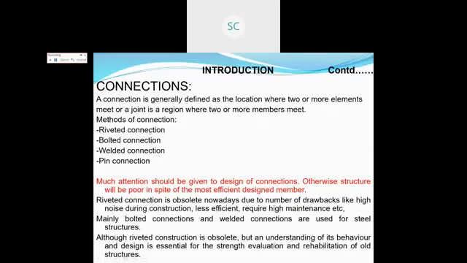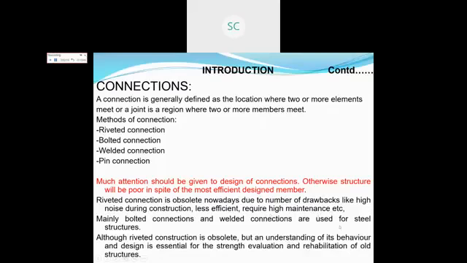Among these four connections, you must know that the riveted connection is obsolete nowadays due to a number of drawbacks like high noise during construction, being less efficient, and requiring high maintenance.